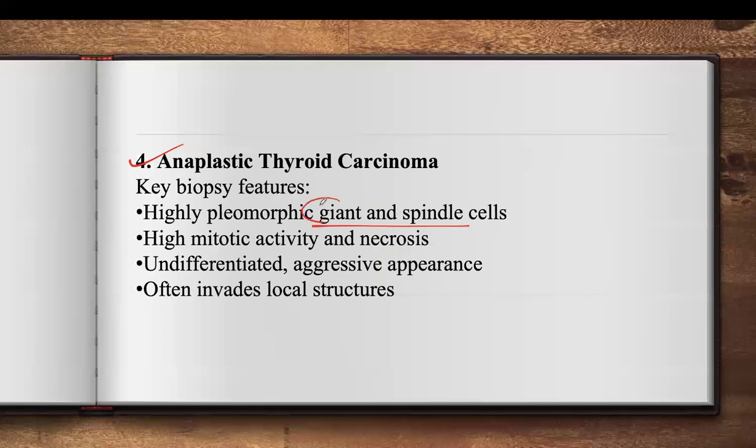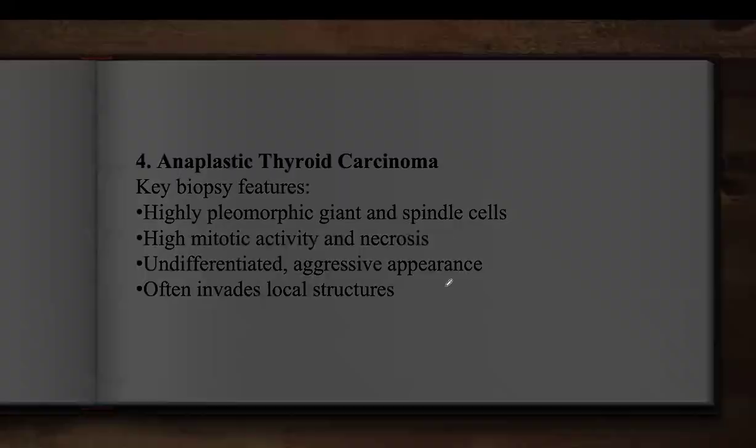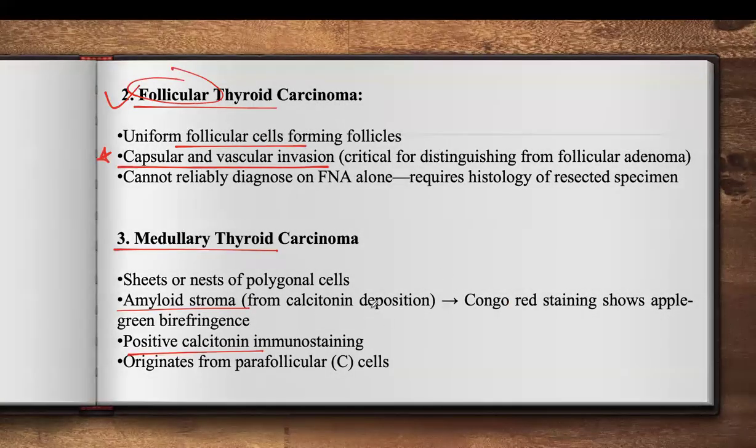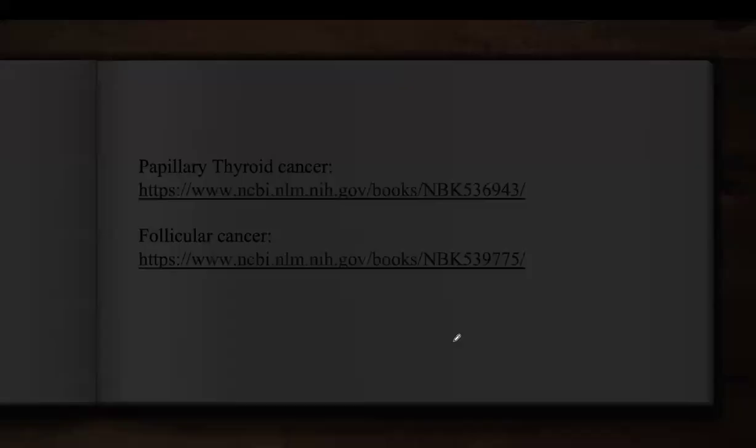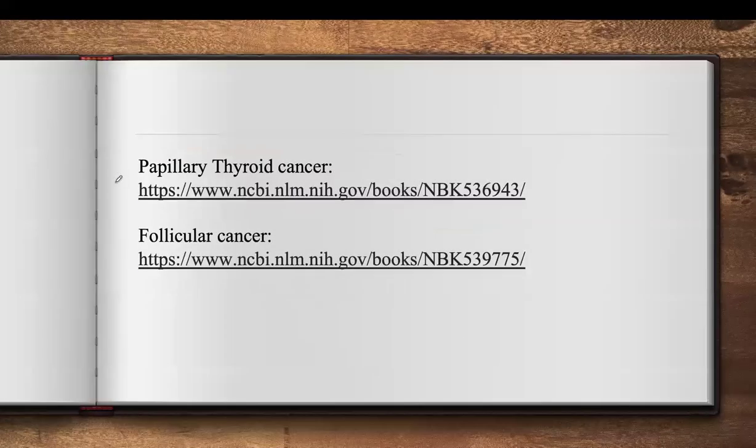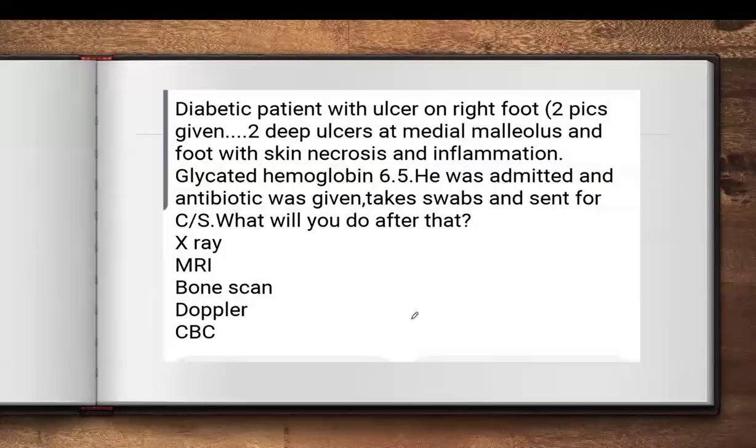These are clues in the exam, and you just need to remember some of these important clues so that if they give them in the stem, you can easily say that yes, this is a medullary thyroid cancer, or an anaplastic cancer. Out of all of these, anaplastic thyroid cancer is highly aggressive. I've given you some more links here to read in your own time.